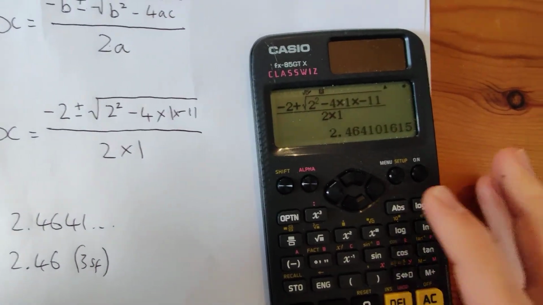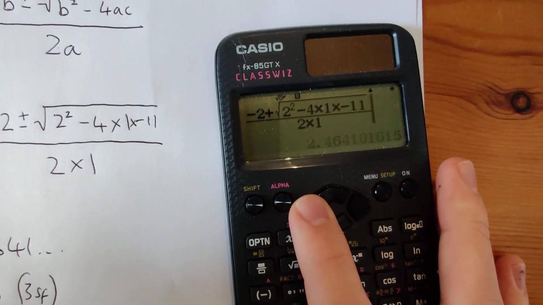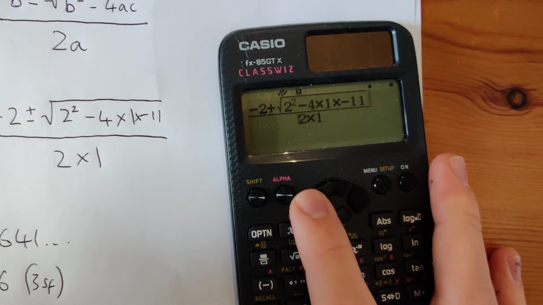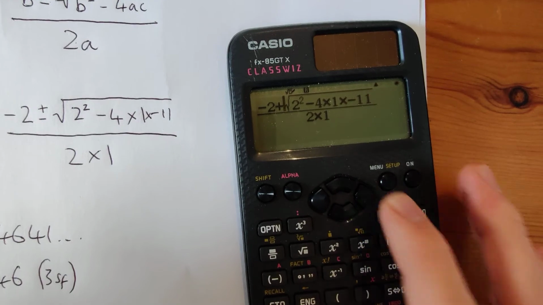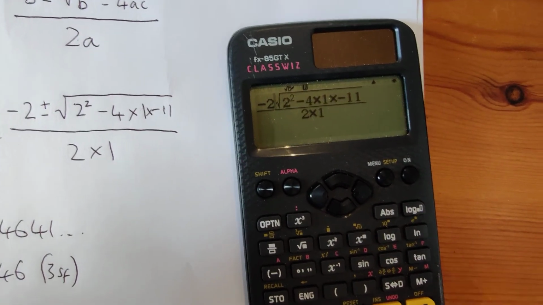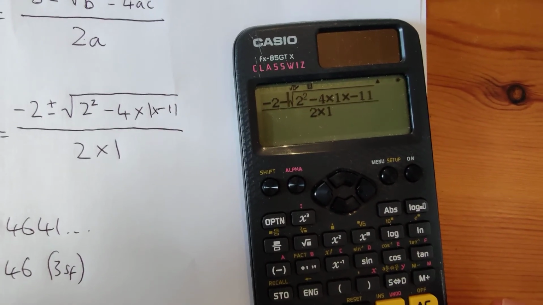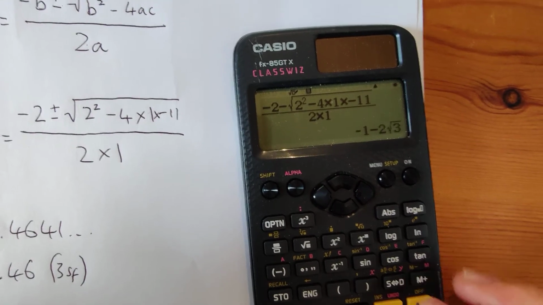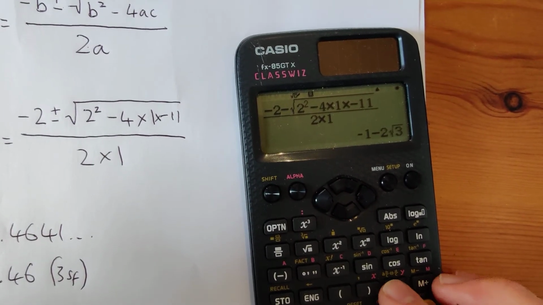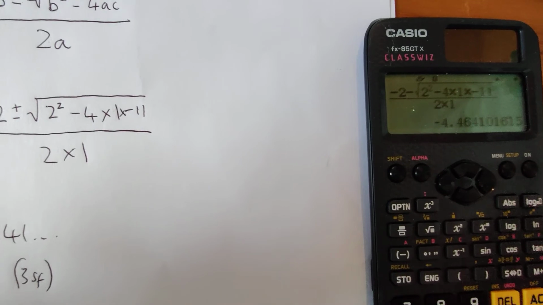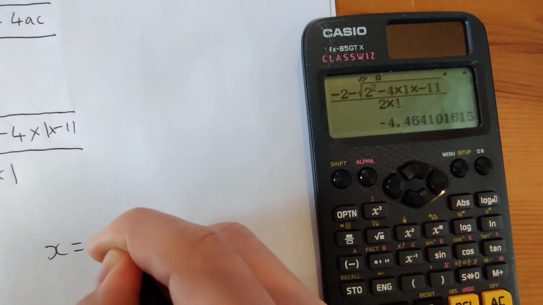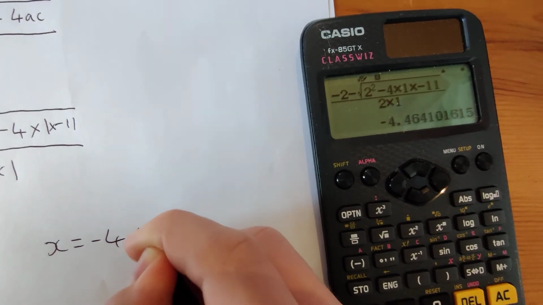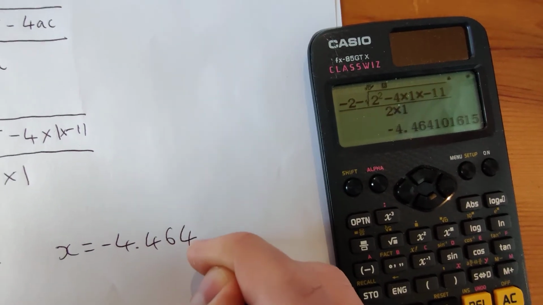Now I could type the whole thing out again, but if I press the back button on my calculator, I can go back in, save me typing the whole thing, and delete that plus and change it to a minus. And that gives me my other solution. There it is in one form, but if I want it as a decimal, minus 4.4641, x equals minus 4.4641.